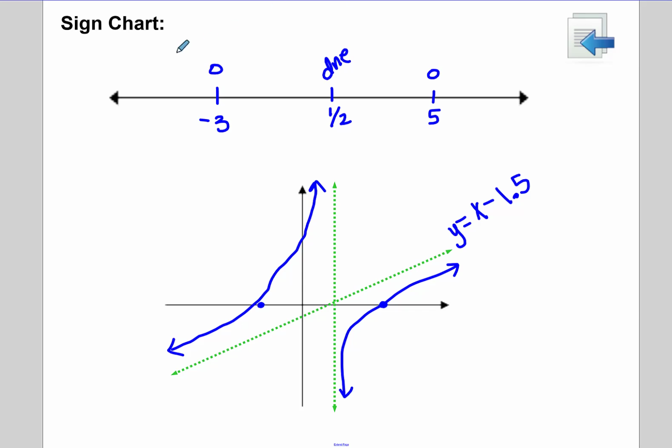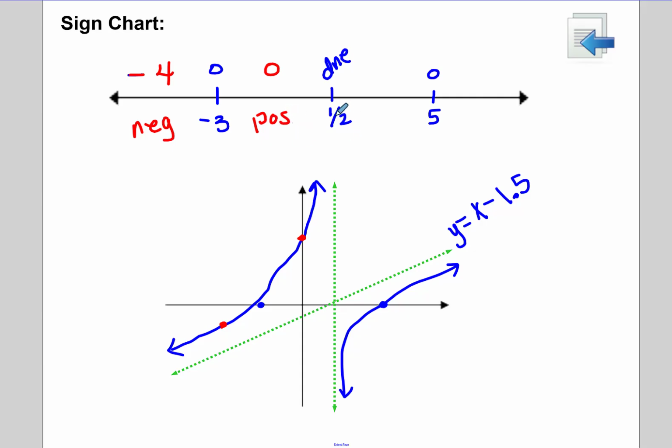and then look at the graph and know if I tested a number here, such as -4, you change colors here. If I tested -4, I'm going to be below the x-axis because I'm over here. If I tested a number like, let's say, 0, I'm going to be up here at 15, so that's going to be positive.